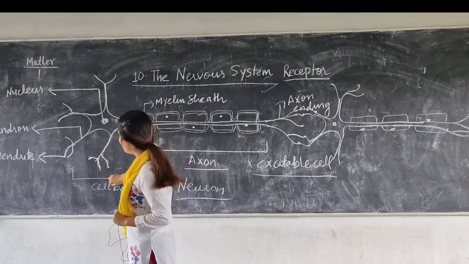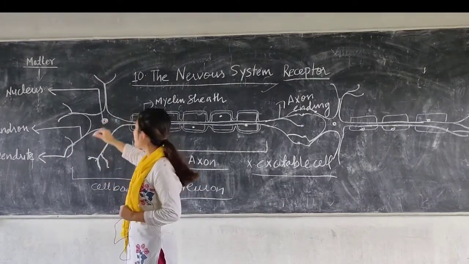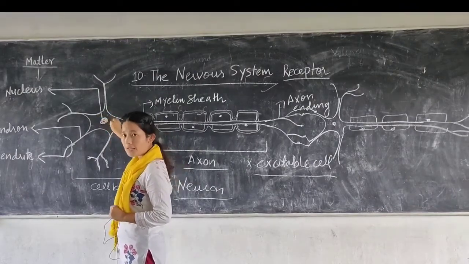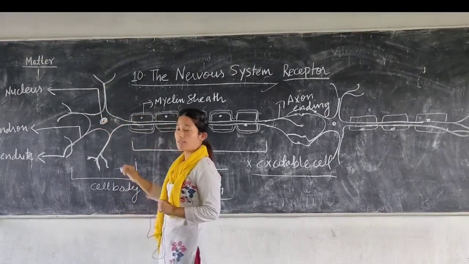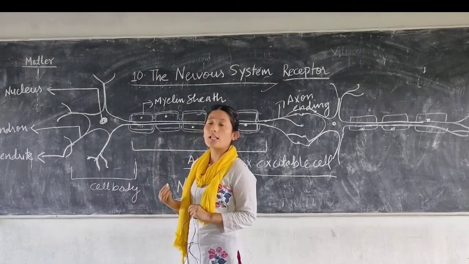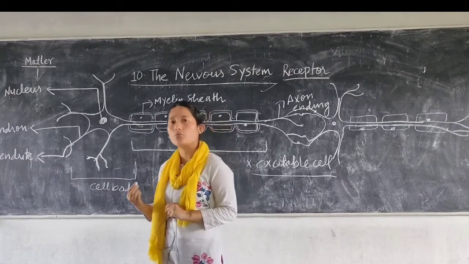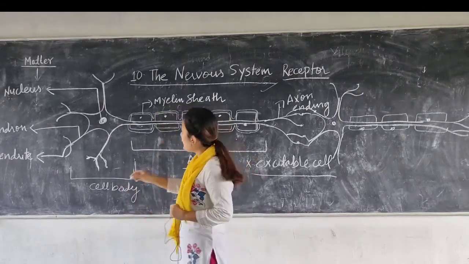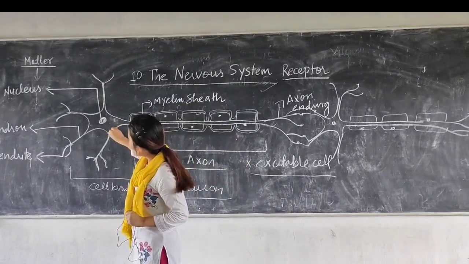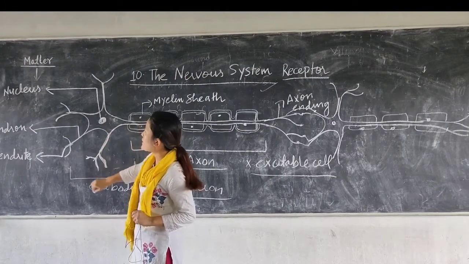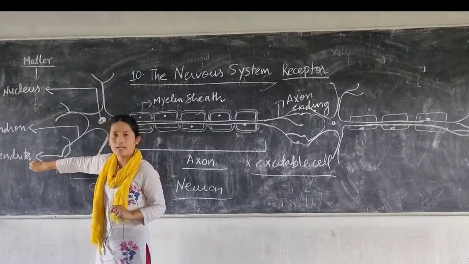So the cell body, just like other cells, has a centrally located nucleus, cytoplasm and many other cell organelles. But nerve cells do not have a centrosome, because of which they do not divide. And from the cell body, this branch-like structure, this cytoplasmic projection, is referred to as your dendrites.